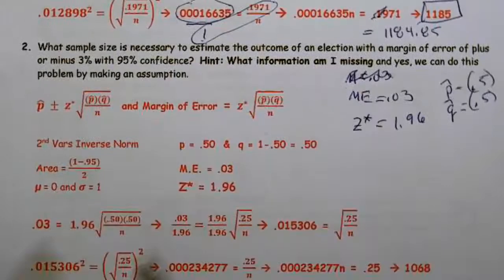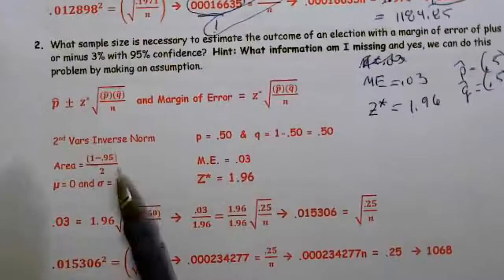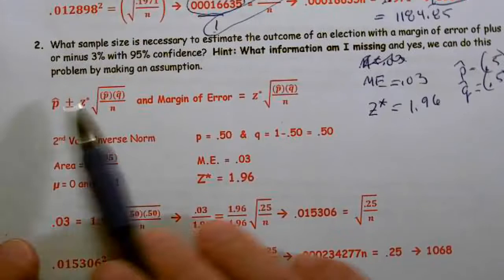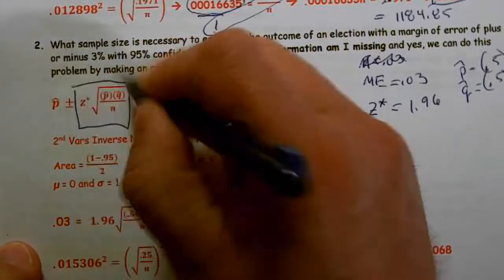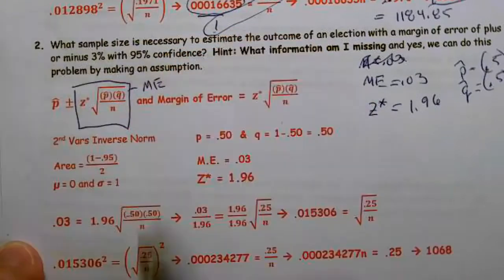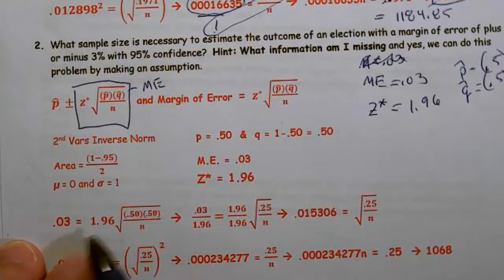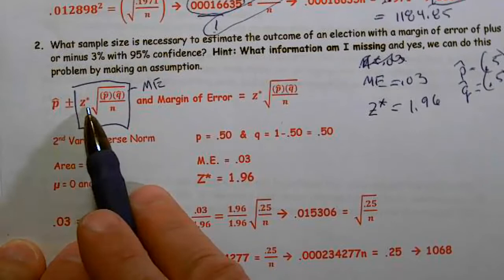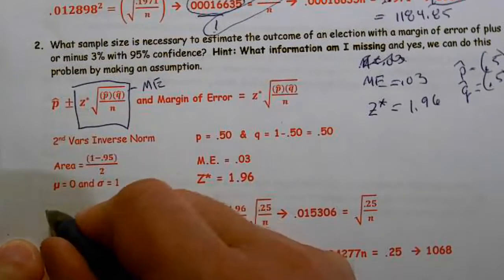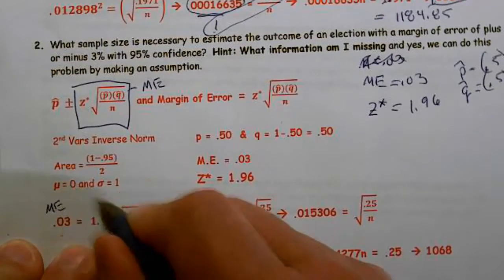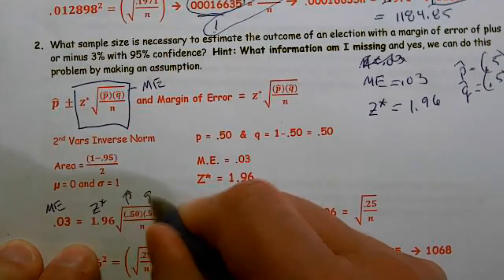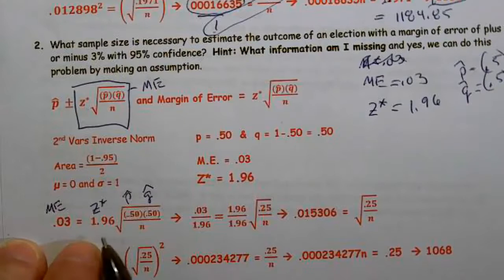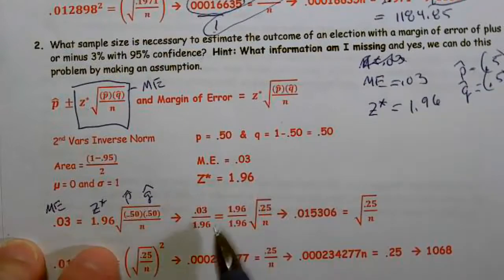Okay, so plugging into our formula, because once again, I like using the confidence interval. This part right here is the margin of error. So 0.03 equals Z star times the radical with my P hat and my Q hat, which I've already calculated.